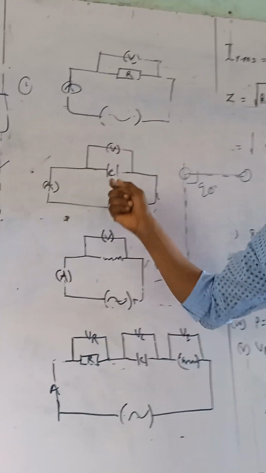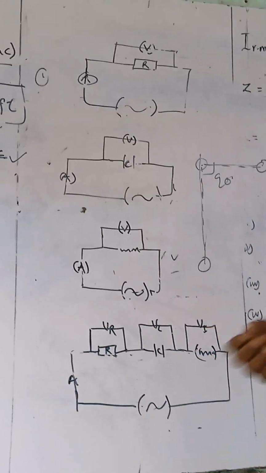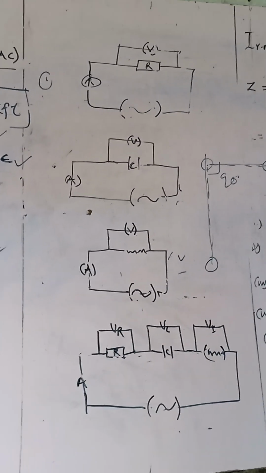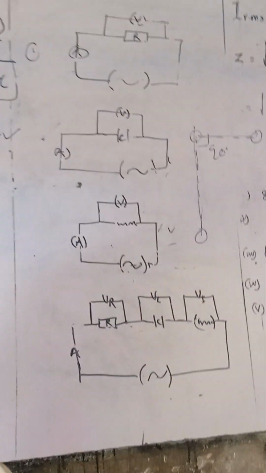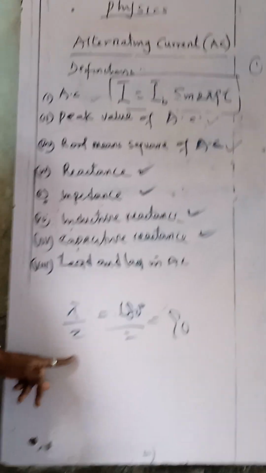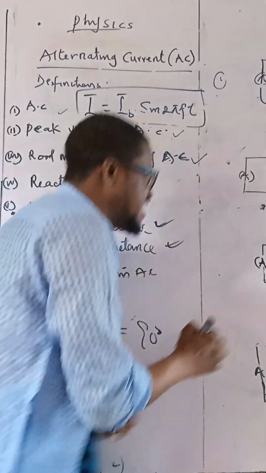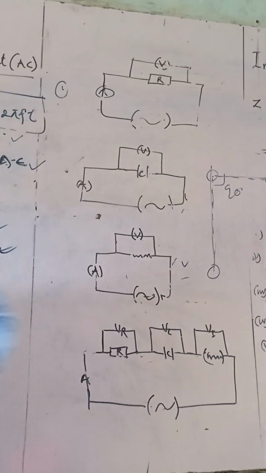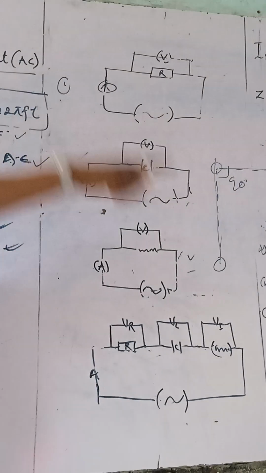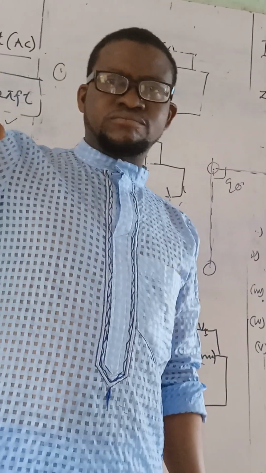In capacitor, current always lead. So when they say in the pure capacitor, what does current do? Current lead and voltage lag by what? Pi over 2, and that is 180 over 2, and that is 90 degree. But in an inductor, it is voltage that lead, meaning voltage get to the maximum point first, and current comes in the end.